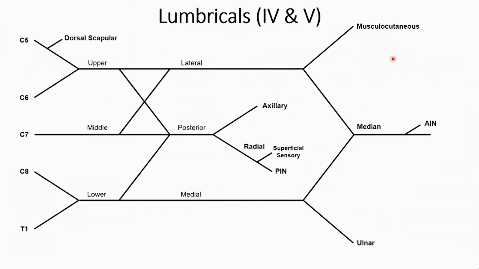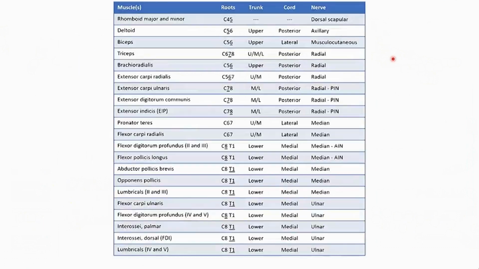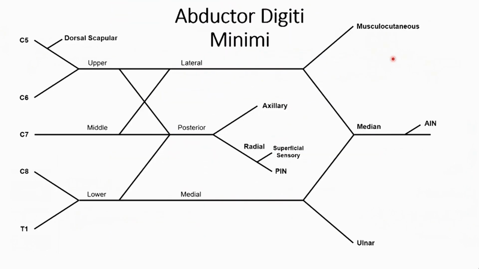Lumbricals for the fourth and fifth digit, C8, T1, lower trunk, medial cord, ulnar nerve. Primarily T1. Abductor digiti minimi, C8, T1, lower trunk, medial cord, ulnar nerve.